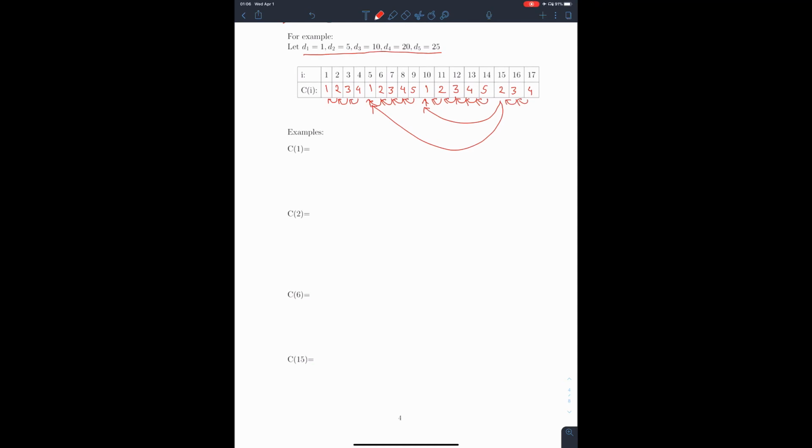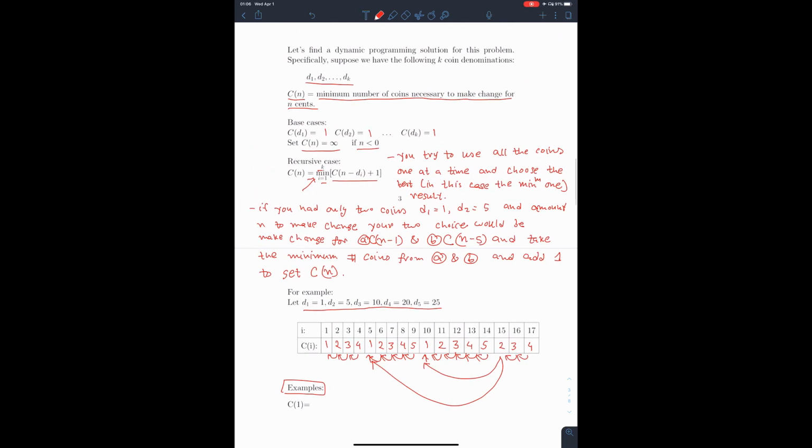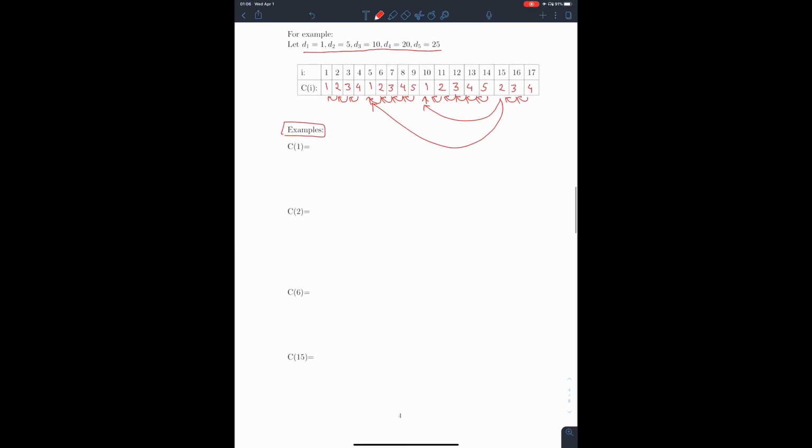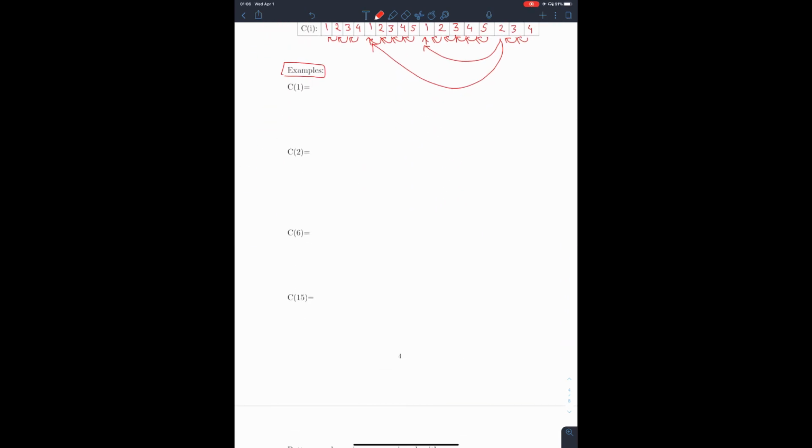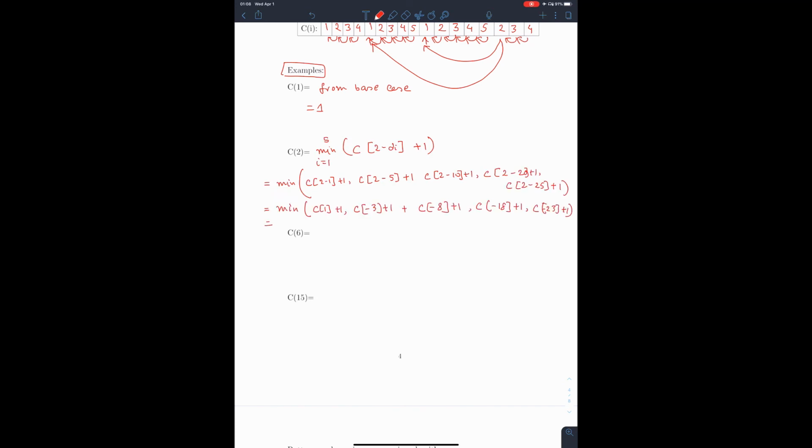Next, try to find out the same table but using our recursive formula from the previous page. C1, C2 should be, we know C1 is 1, from the base case C minus 3 should be infinite, and all the other cases should also be infinite.